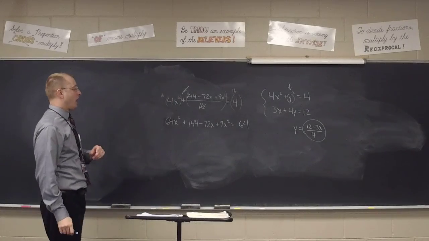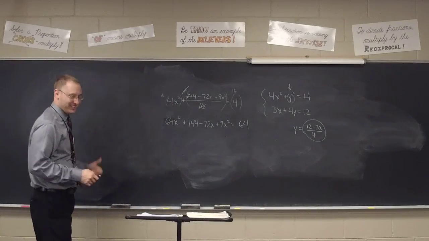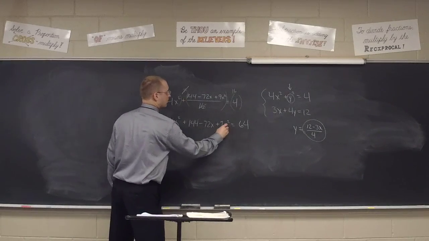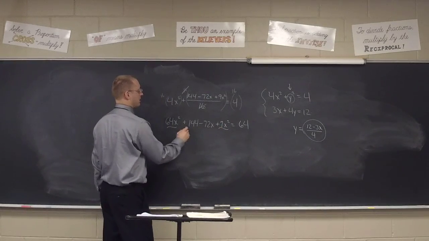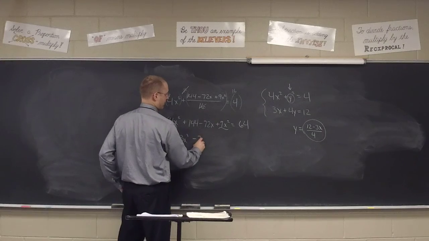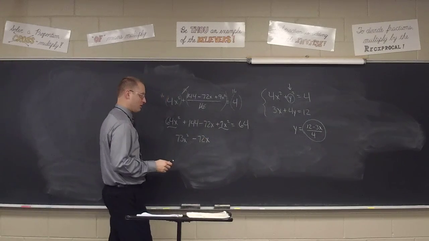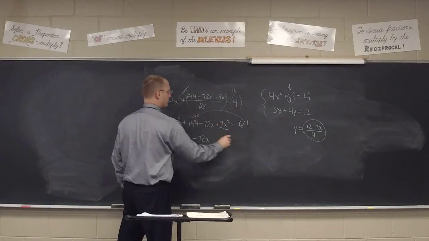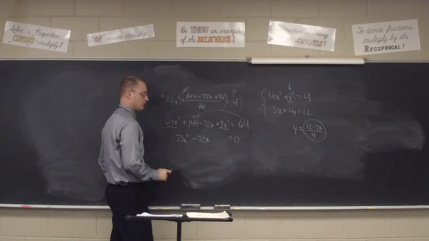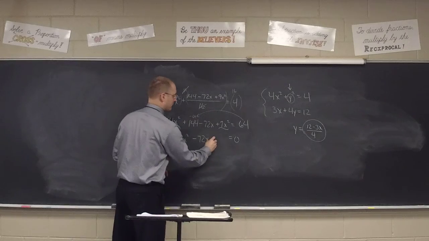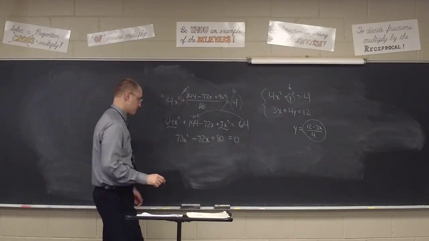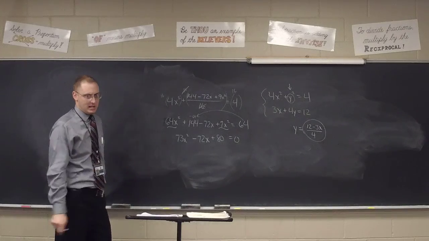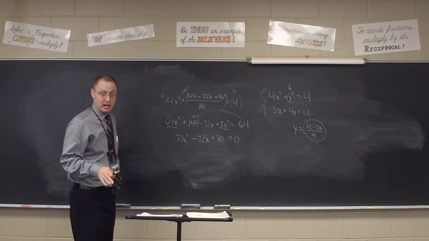It's still pretty ugly. Let's combine some like terms here. 73x squared minus the 72x. And let's bring the 64 over as a negative 64, so we can set it equal to 0. Now, normally my next step would be to factor. This is actually what the video cut out yesterday.